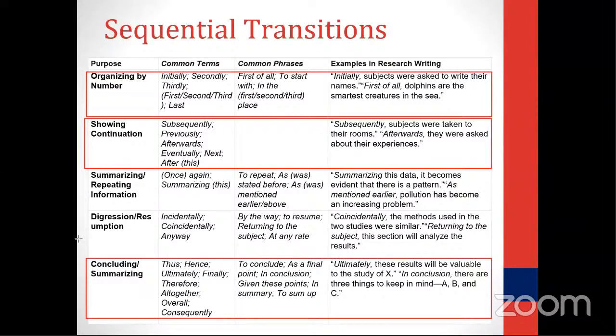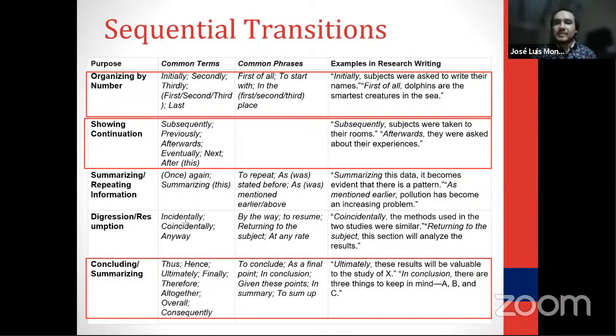Common phrases: first of all, to start with, in the first, second, or third place, and examples in research writing. Initially, subjects were asked to write their names. First of all, dolphins are the smartest creatures in the sea. Thank you very much, Melissa.